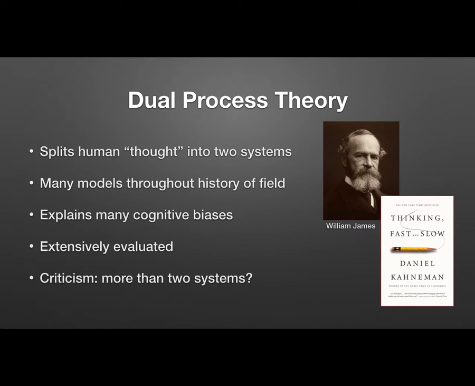And I guess the most legitimate and probably profound criticism of this idea is that two systems are not enough to describe what's going on. It's pretty well accepted that obviously human cognition is really complicated. There are a lot of subsystems.